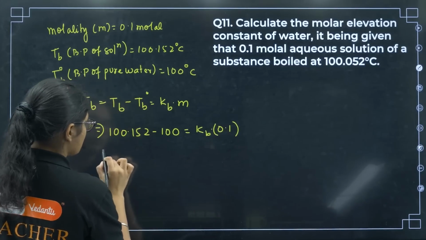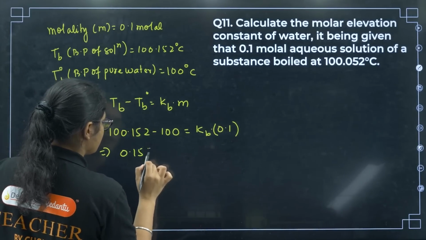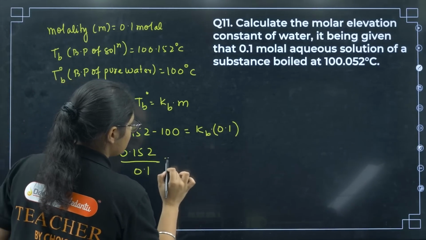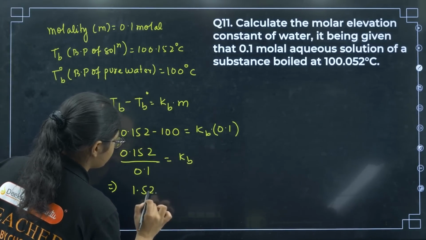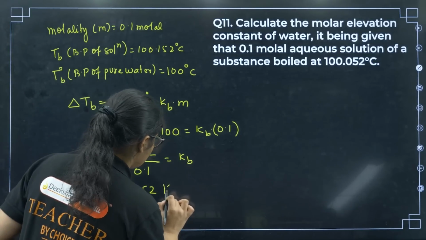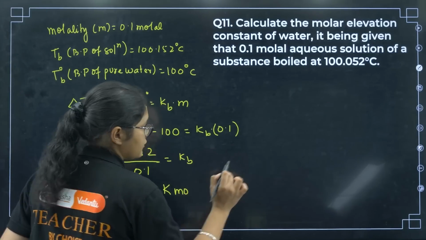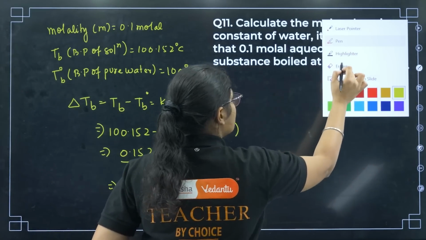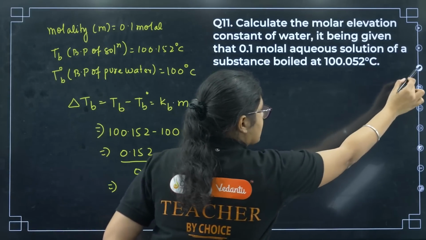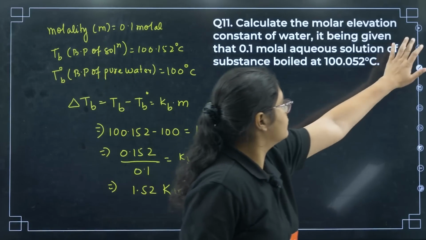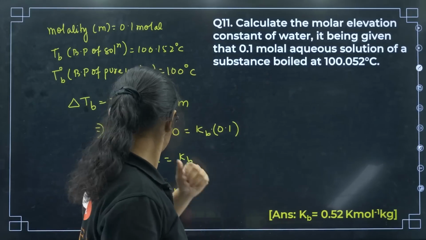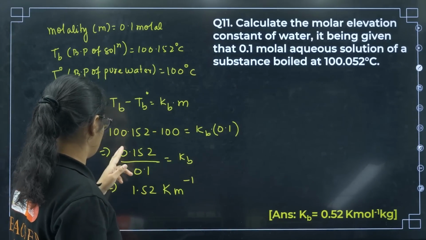If I solve this, this will be 0.152 divided by 0.1 is equal to Kb, and that is equal to 1.52 Kelvin molal inverse. Molality is just m, so the unit is Kelvin molal inverse. Clear? One second.